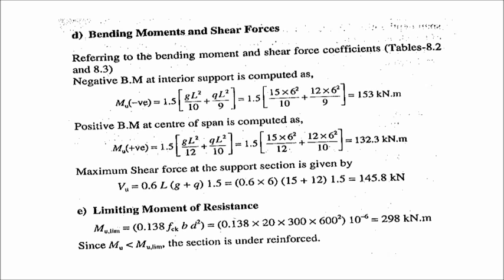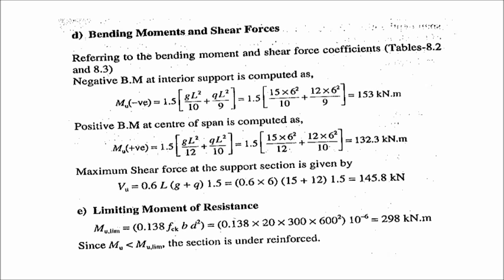Maximum shear force at the support section is given by Vu is equal to 0.6 L into (G plus Q) into 1.5. By calculation we get the shear force at the supports as 145.8 kilonewtons.